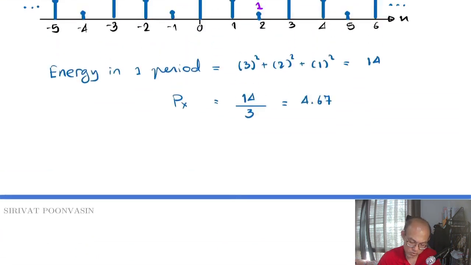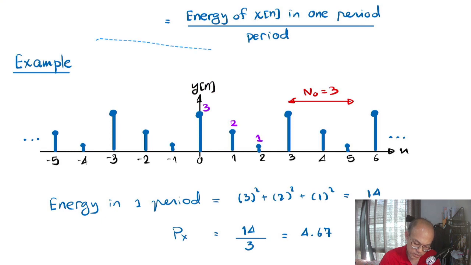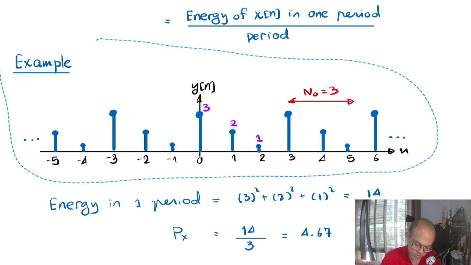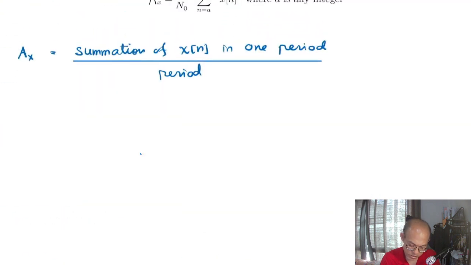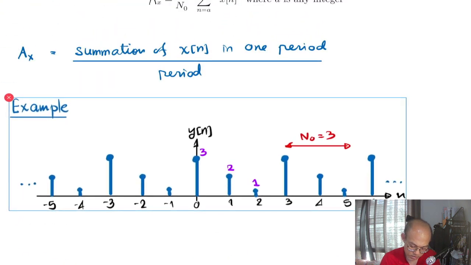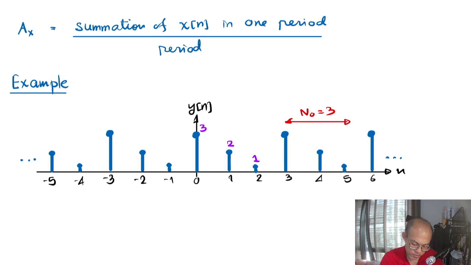For example, here in this case, I'm going to copy this down over here. Okay, let's look at the same example. The sum over one period is 3 plus 2 plus 1, which is 7.